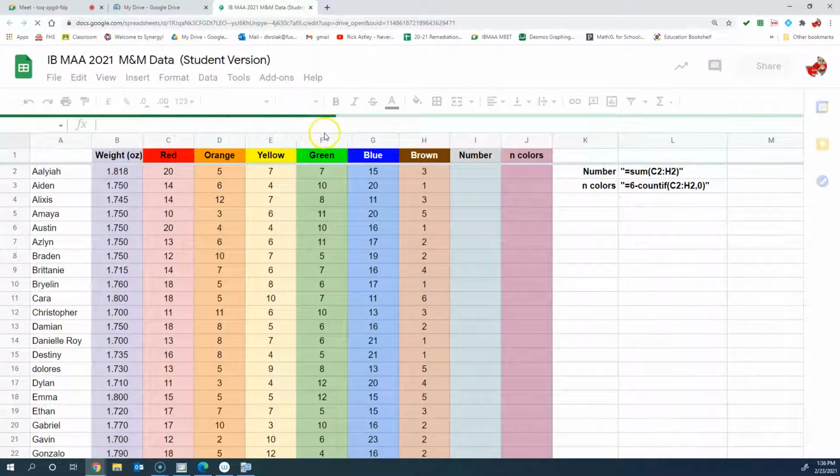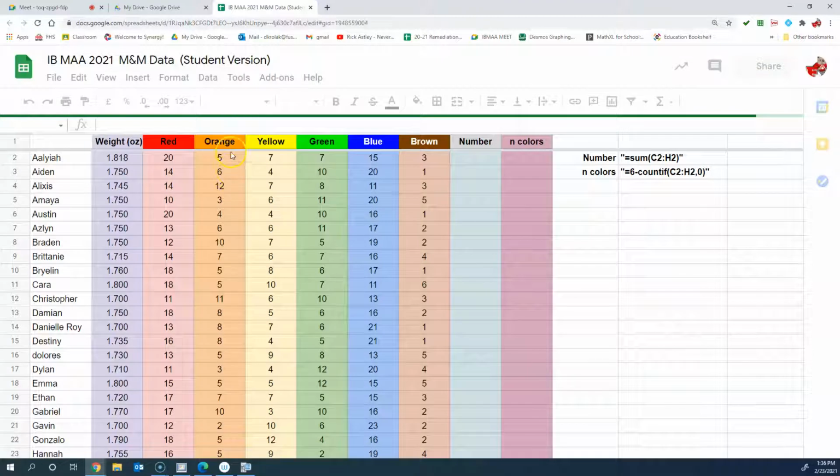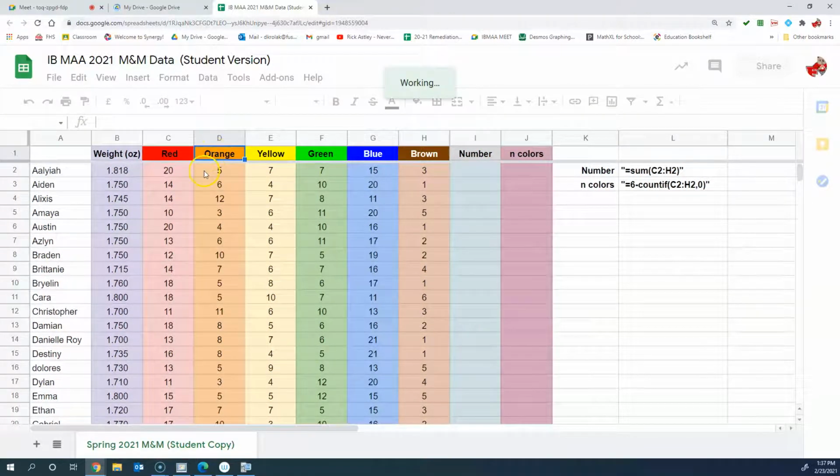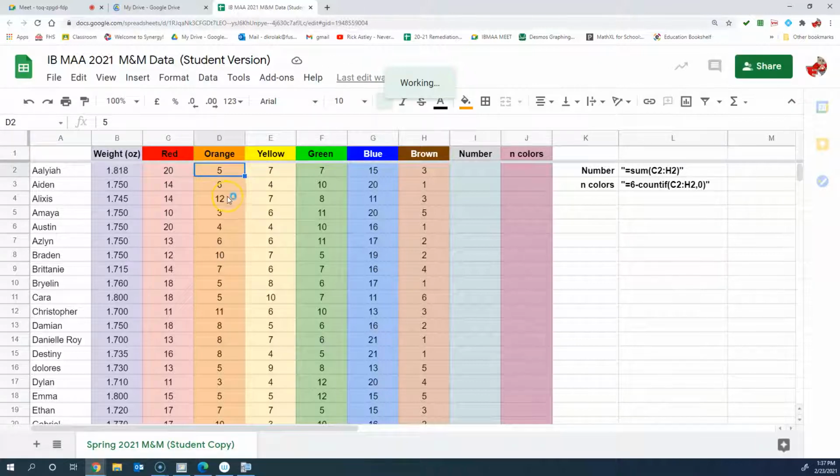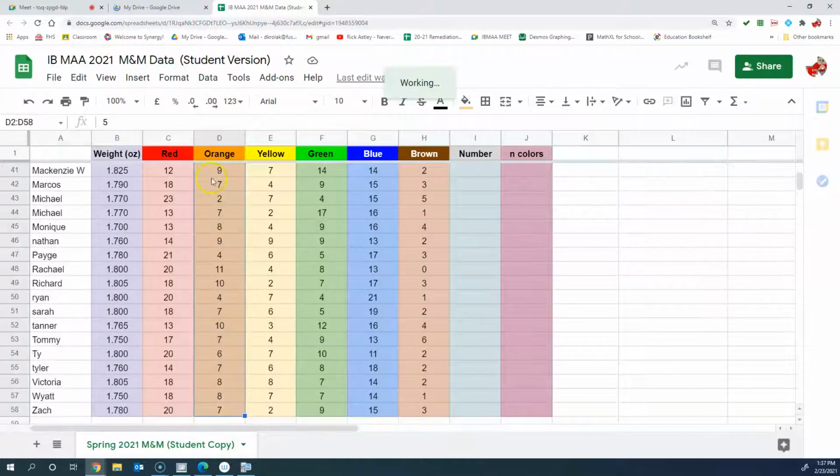All right, we're talking about oranges. If you look at this list right here, I'm going to copy this list. Let's go control shift, down arrow, and then control C.